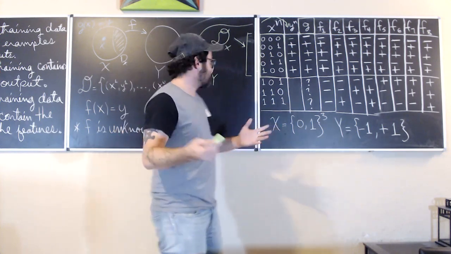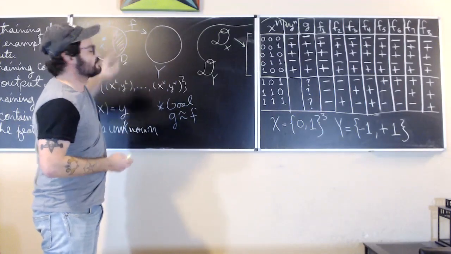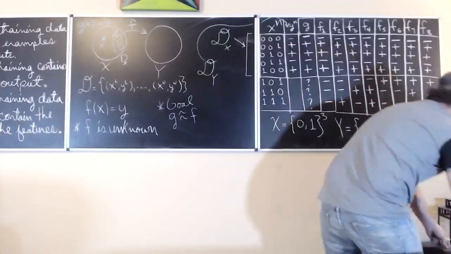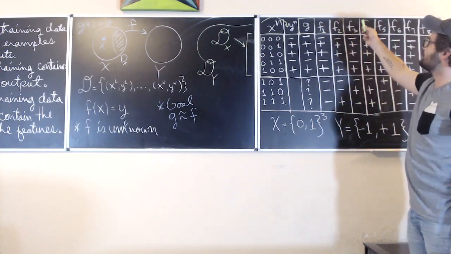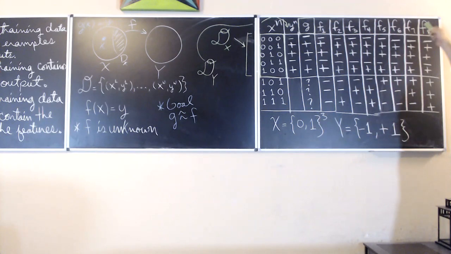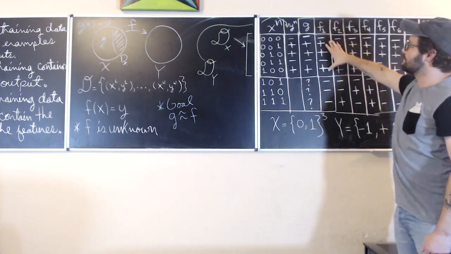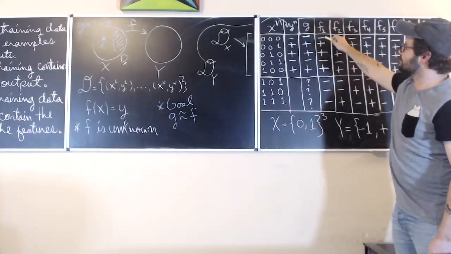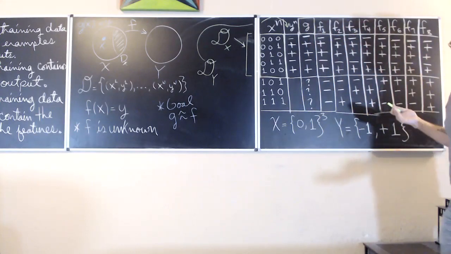So let's, again, think back to finding the target function F, or approximating it the best way we can. Here, these are F1, F2, F3, F4, F5, F6, F7, F8. These are all functions or hypotheses that match up with that input data. See how all these rows here for G and all these F's, they all match up?